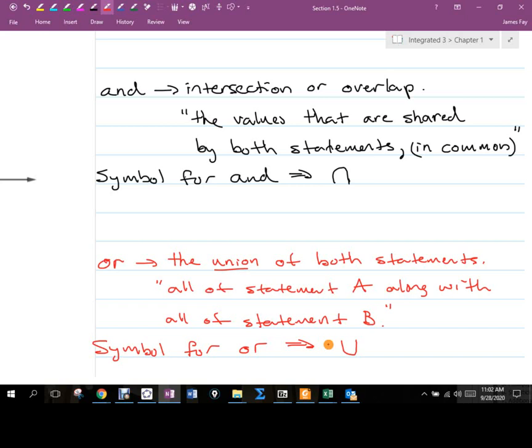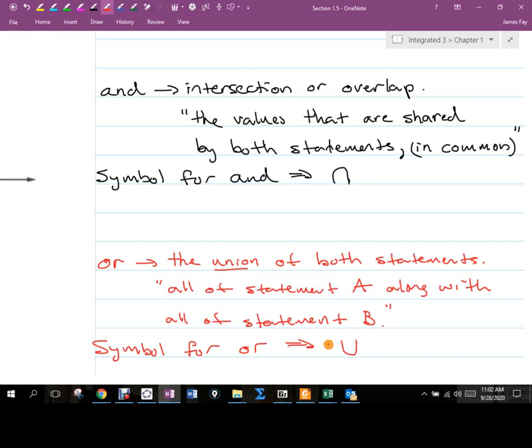And when we union things, we attach them together. Does that make sense? Okay. So it's all of statement A, and usually we'll be talking about the solutions. So all of the solutions for statement A, along with all of the solutions to statement B, would be our solutions to the overall "or" statement or inequality. Okay. The symbol for "or," the symbol for union, is what looks like a U.